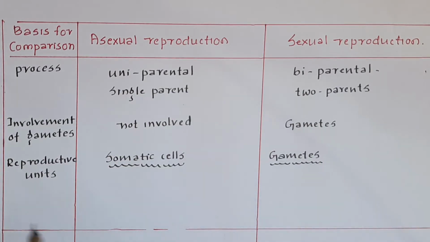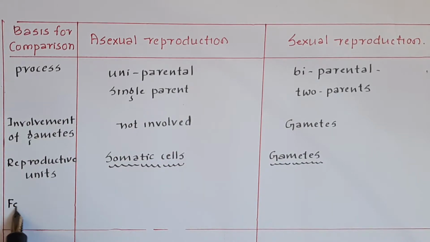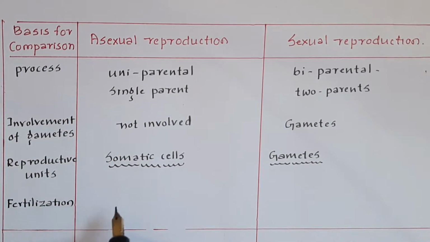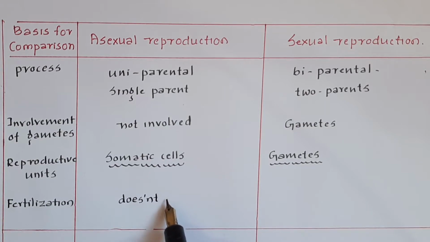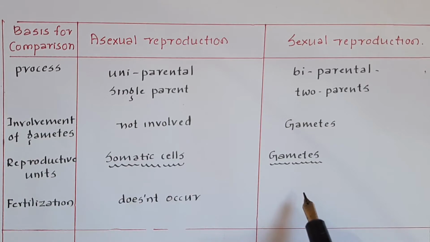Then next one is fertilization. It's very important. Fertilization does not occur in case of asexual reproduction. But in sexual reproduction, fertilization is important phenomenon.